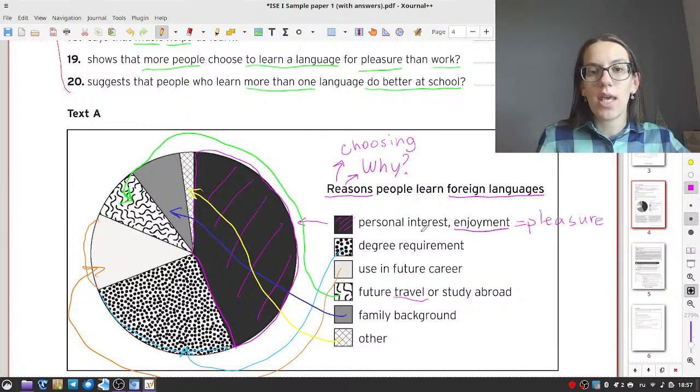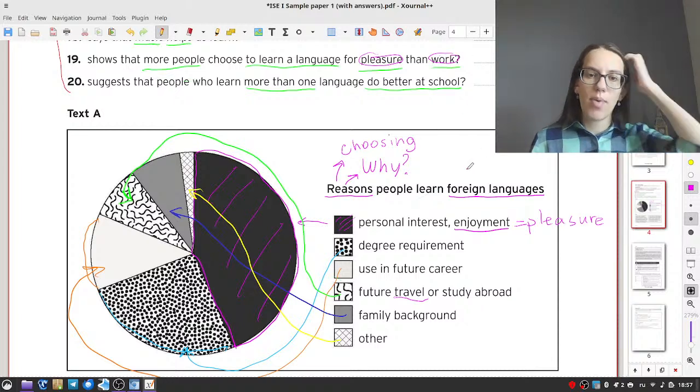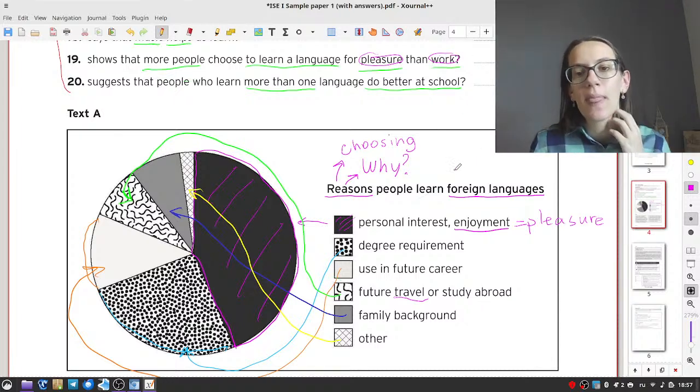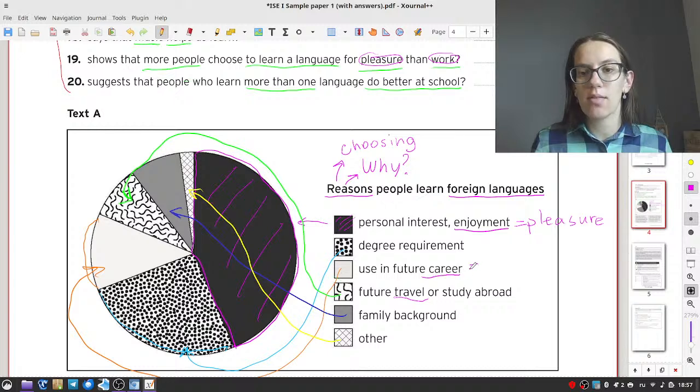So we do have it here. And work, another point here. We are comparing pleasure and work. For work, well, use in future career. Career, it's the same as work, right?